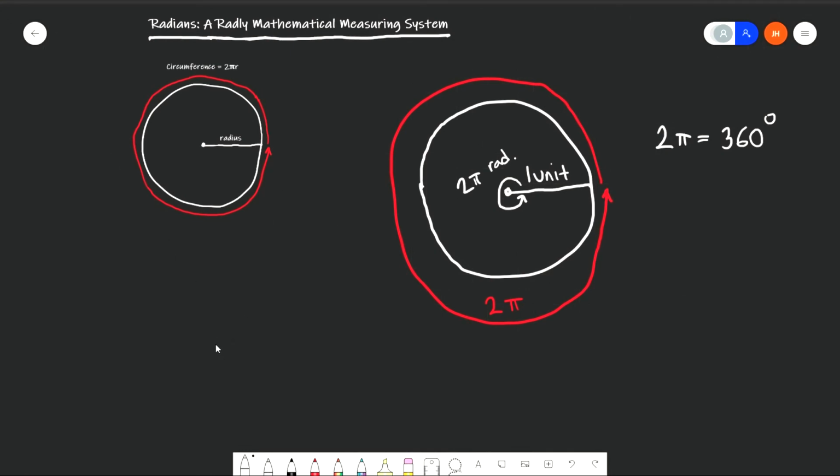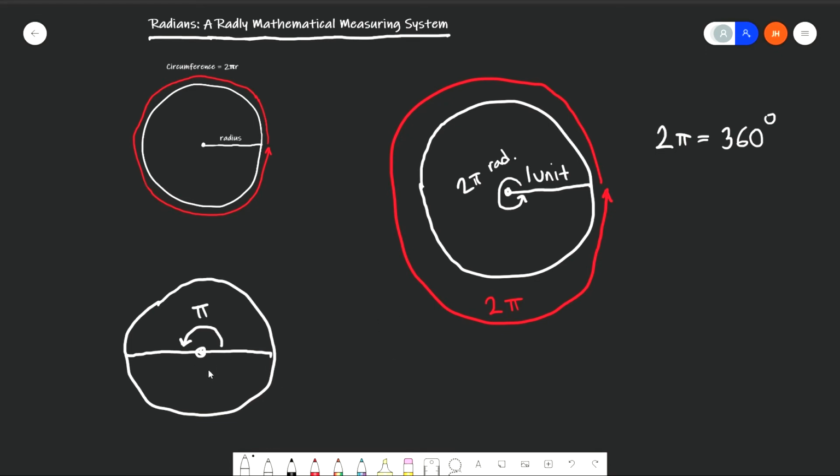If I have, for example, half of a circle, which is 180 degrees, that would be half of our 2 pi, our full revolution, which would be 1 pi. So 1/2 of the circle is defined as pi radians, right?